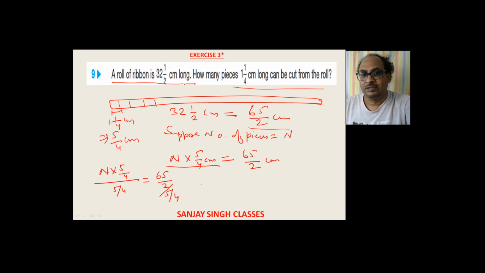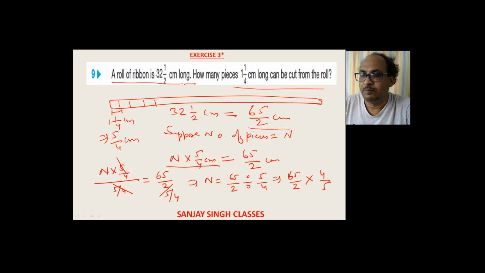Okay. So now this particular part we have cancelled, and we have got n is equal to 65 by 2, and it is divided by 5 by 4, which we can write as 65 by 2 into 4 by 5.